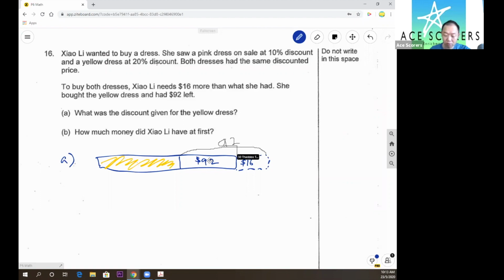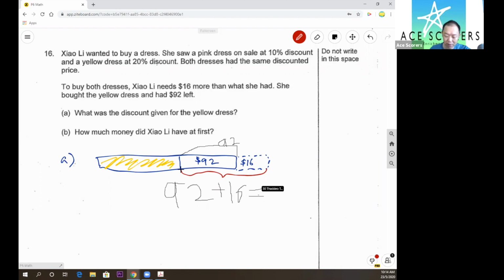What's A2? 92. Yeah, 92 is until here. So what this means is, this part is the pink dress. This part is the pink color dress. Got it?